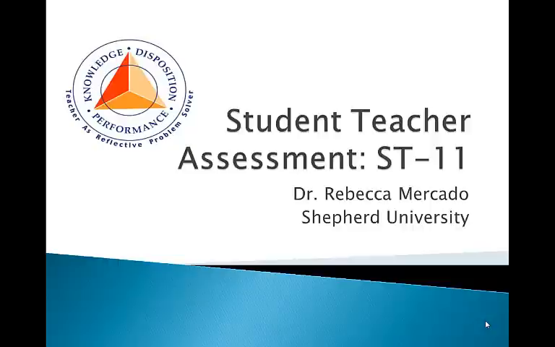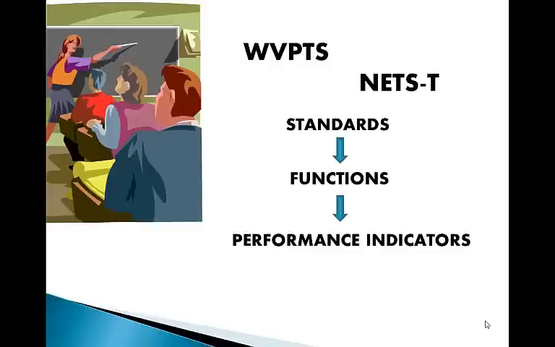I'd like to begin by defining some terms you'll see throughout the ST-11 forms. They are standards, functions, and performance indicators. The ST-11 assessments are based on 5 standards. Each standard is divided into subcategories called functions, which help define the standard.